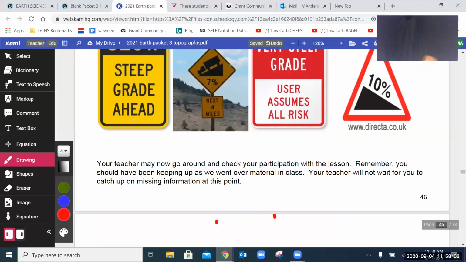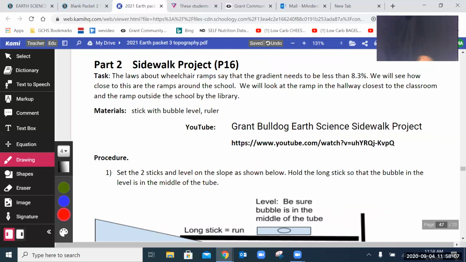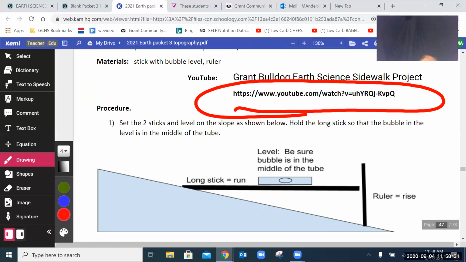Okay, next. The sidewalk project. Task: the laws about wheelchair ramps say that the gradient needs to be less than 8.3%. We will see how close to this the ramps around school are. We'll look at a ramp in the hallway closest to the classroom and the ramp outside the school by the library. This video should be embedded in the Schoology website, or you can go directly to YouTube and type in that address. In this video, which is only about 3 minutes long, I show you how to use two tools.